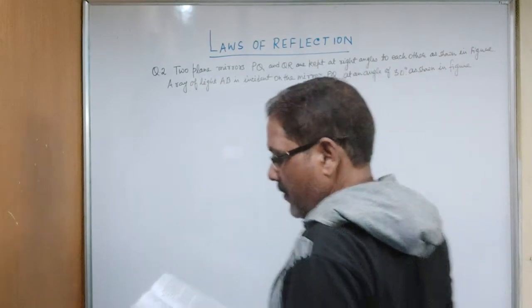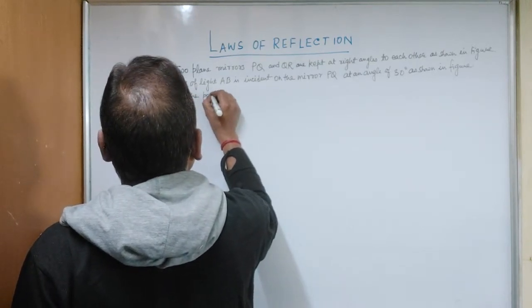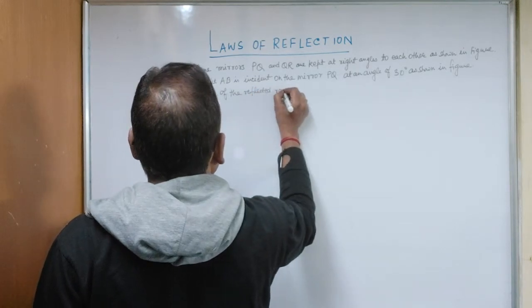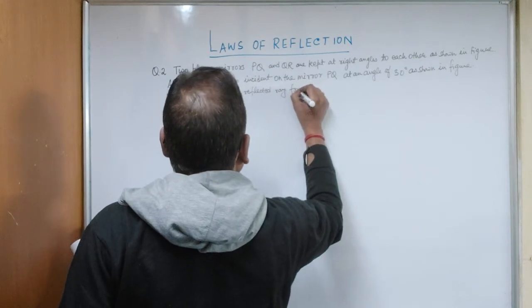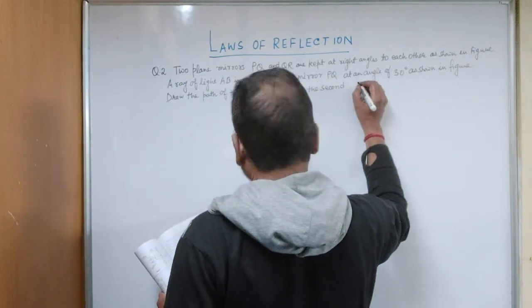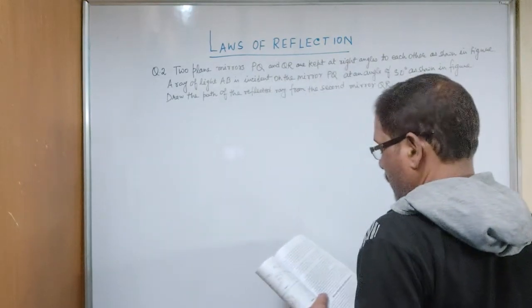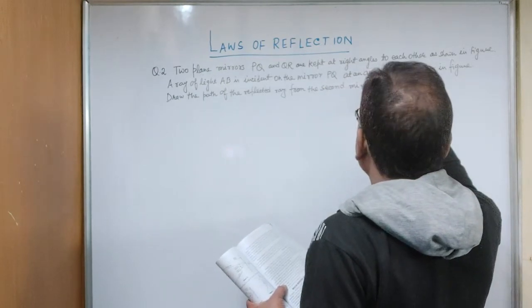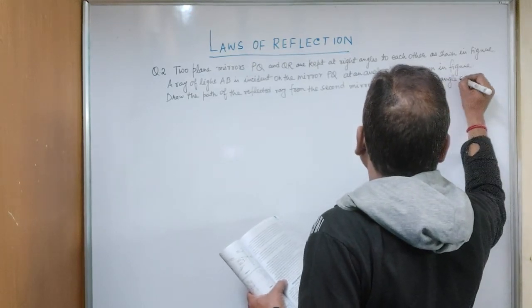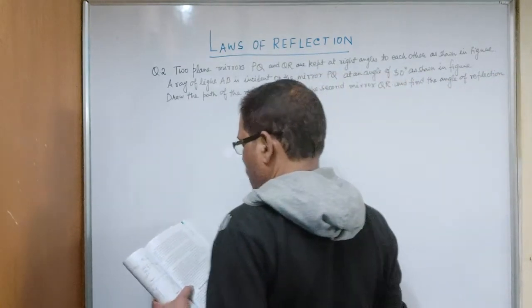Draw the path of the reflected ray from the second mirror QR and find the angle of reflection for the mirror QR.